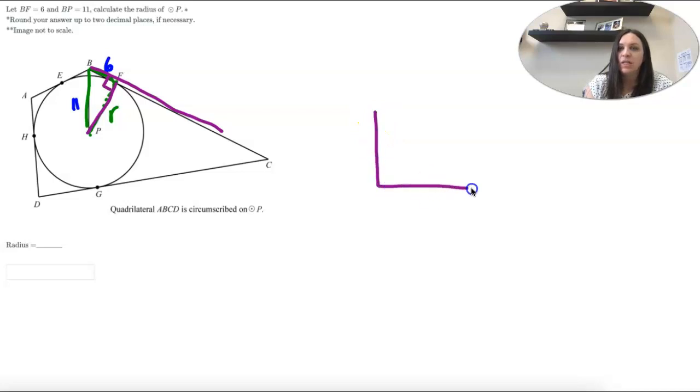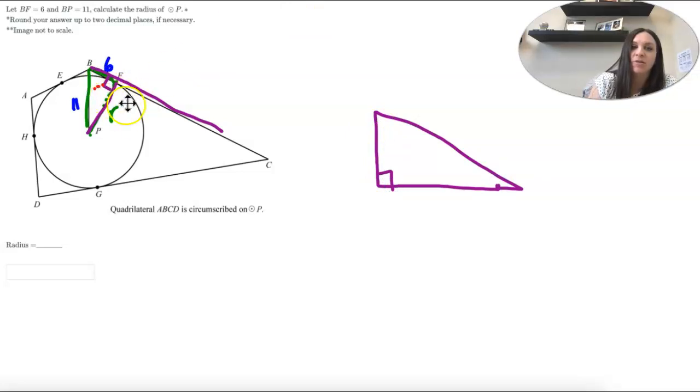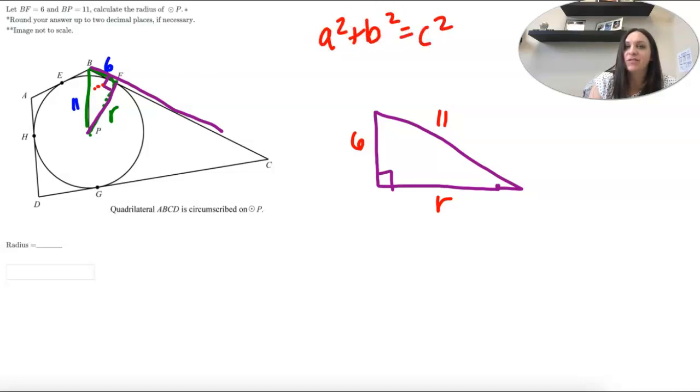So what we just did is we created a right triangle where the hypotenuse, the one across from the right angle, is 11. And then one of the legs is 6 and the other leg is the radius. So we're going to use Pythagorean theorem to solve this triangle. Remember, C is always the hypotenuse and then A and B are just the legs.